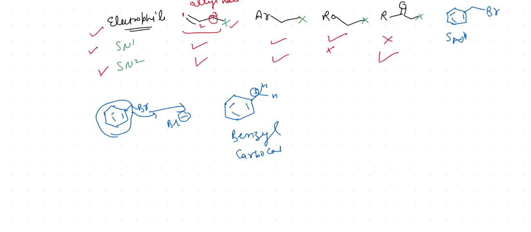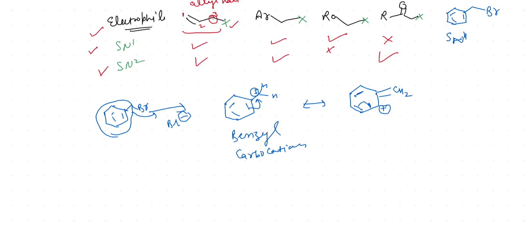You can see there are 3 pi bonds in benzene. These are in conjugation, so there can be a mesomeric shift. These pi bonds can be transferred to another atom. So there is stabilization of this carbocation, CH2, and the positive charge will come on this atom. Then there can be further movement of these pi electrons.